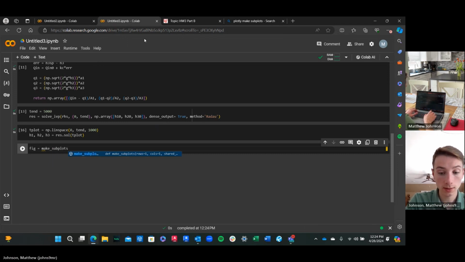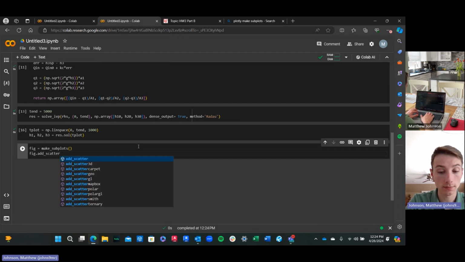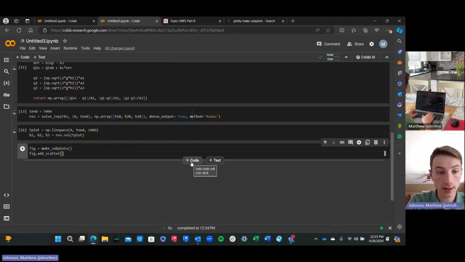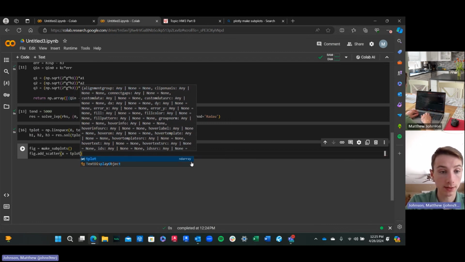Where we've imported our make subplots from Plotly. figure.add_scatter. There we go. On the x-axis, we're going to want our plot of time, right?